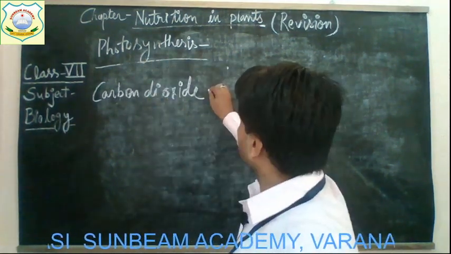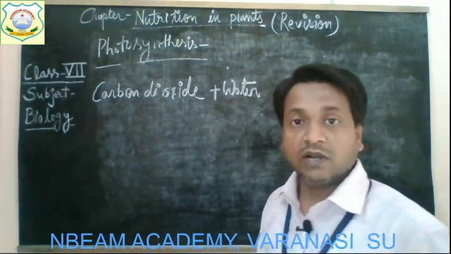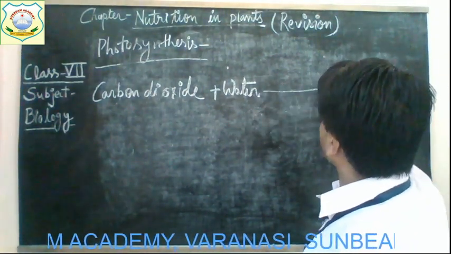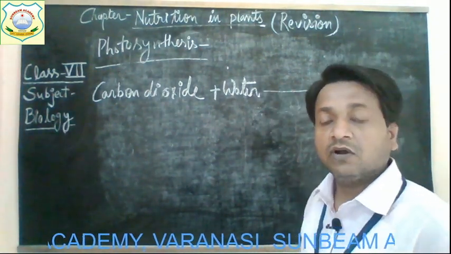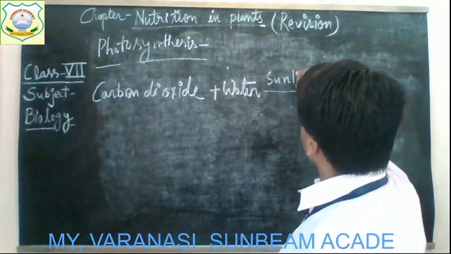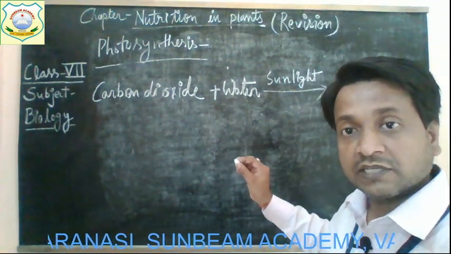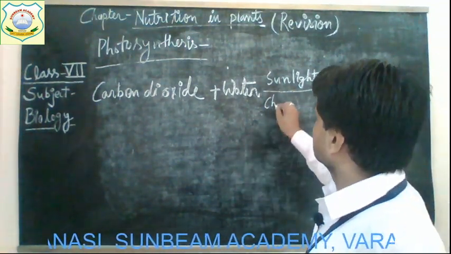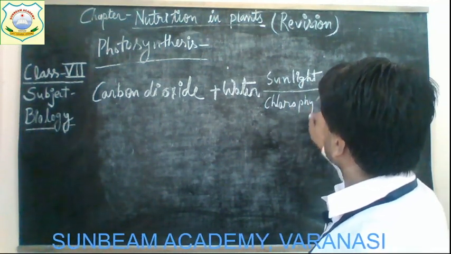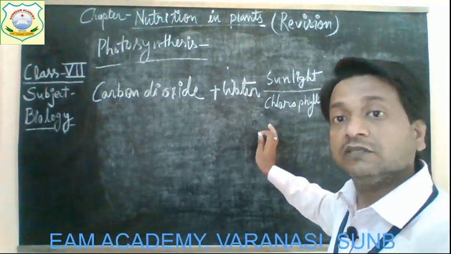Carbon dioxide and water, they both are going to react together in presence of sunlight, and the second substance is chlorophyll, and forms the food which is glucose.